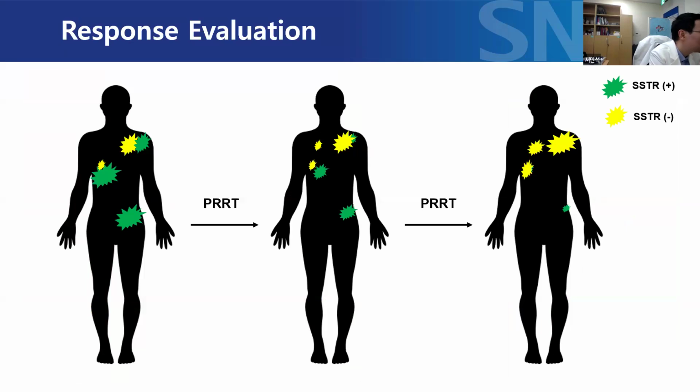But if less differentiated cells with low SSTR remain, the lesions can enlarge or become necrotic. So in such cases, very mixed signals or mixed response can be seen in the targeted imaging, such as SSTR PET and the anatomical imagings.